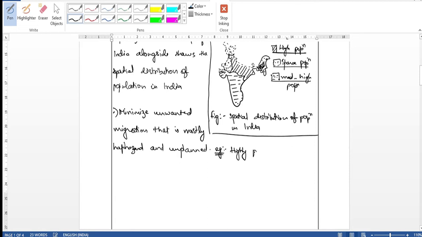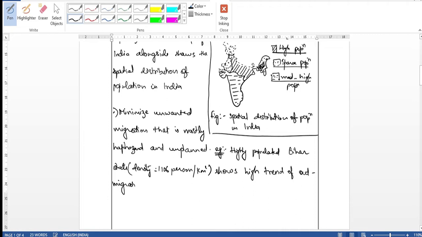Highly populated Bihar state, density is 1106 persons per kilometer square, shows a high trend of out migration which leaves the source region laborless and hence relatively underdeveloped. Done.